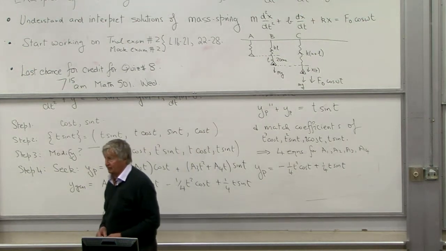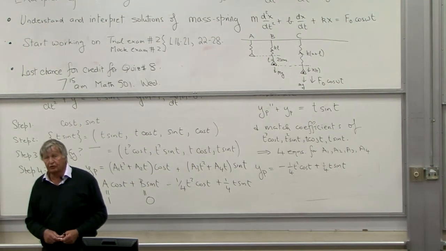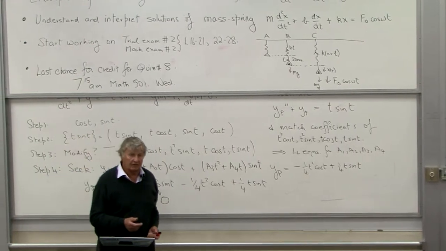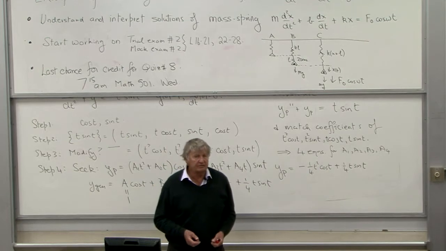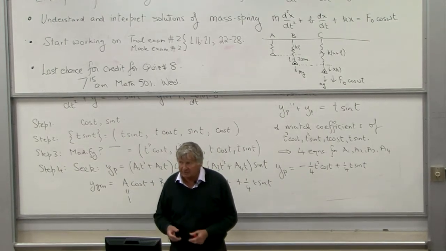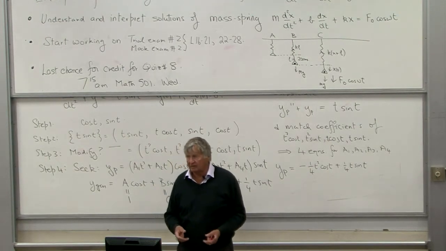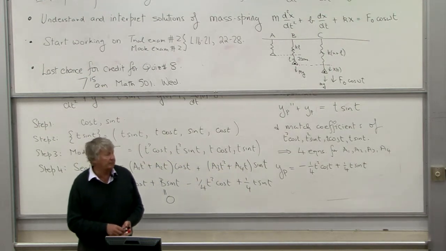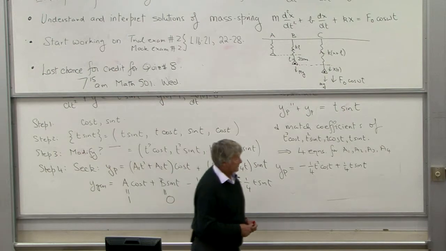Today we have F0. So I'm going to use the solution from last day, and the main purpose of our discussing this is to interpret and understand what the solution is telling us, and write it in various useful ways.